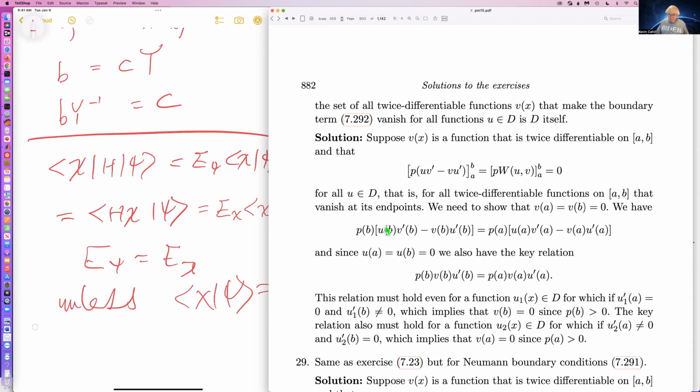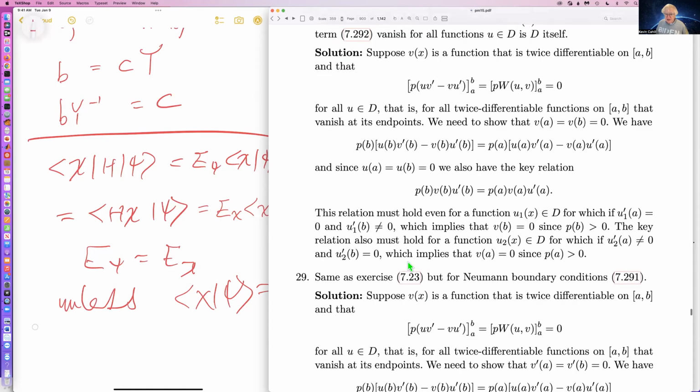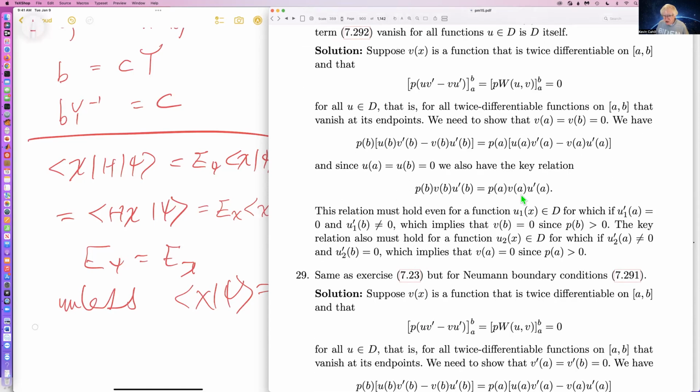and the minus signs cancel, and this must hold even for functions U1 in D, for which U1 prime of A vanishes and U1 prime at B does not vanish.